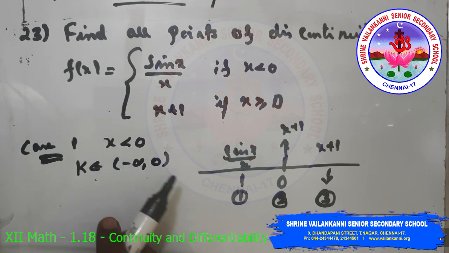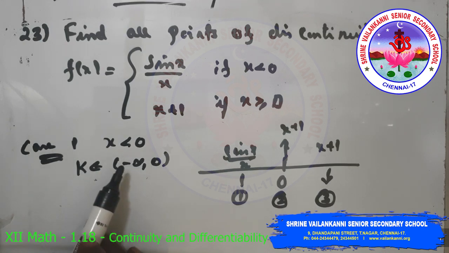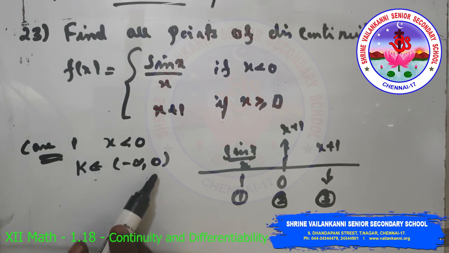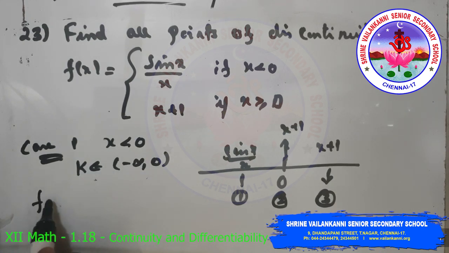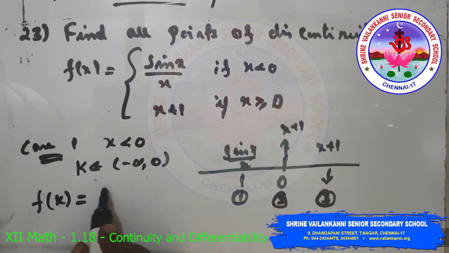So we have to check the points in which it is continuous or discontinuous. In this case, k belongs to minus infinity to 0. So f of k is equal to, we have sin x by x, which is sin k by k.